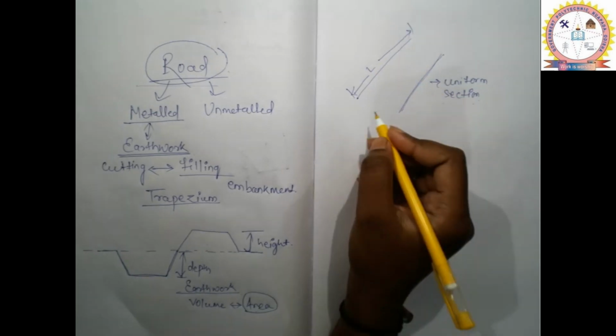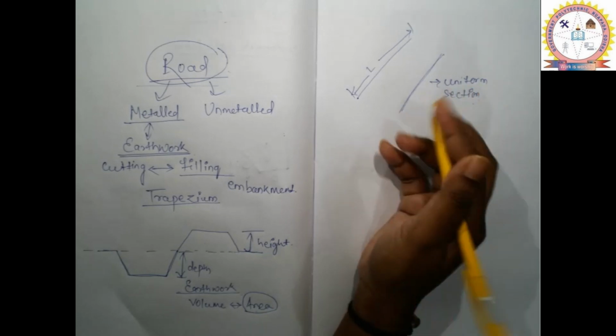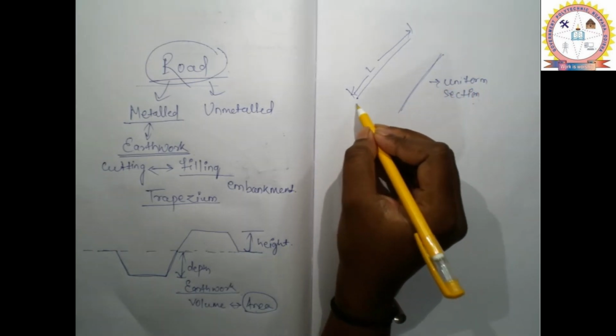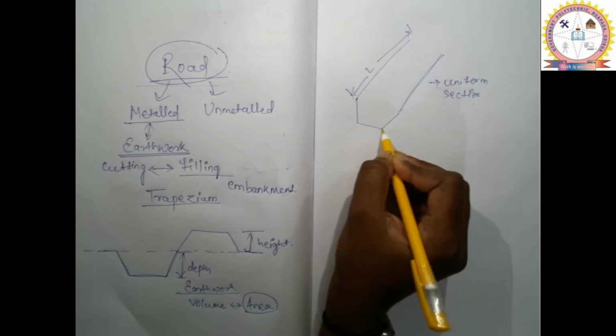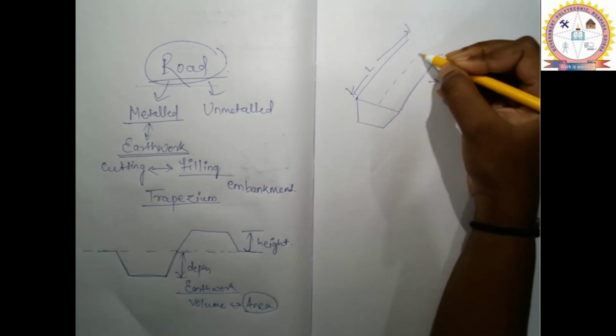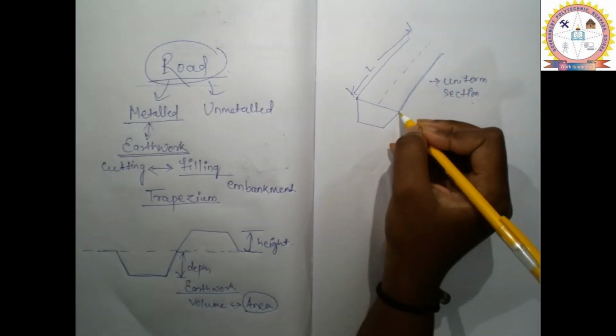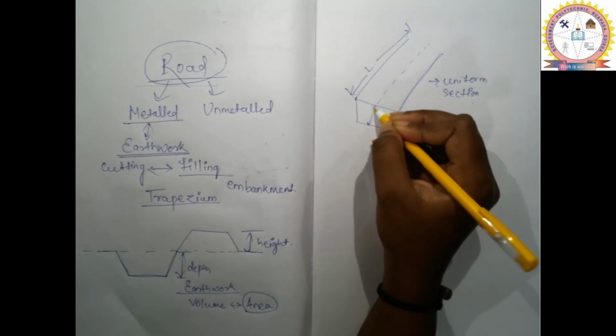If we are doing the earthwork, suppose in cutting section, then the earthwork can be done in trapezium shape. Suppose this is the trapezium shape and this is the alignment of the road. When we are doing the earthwork, it is being done to a particular depth.